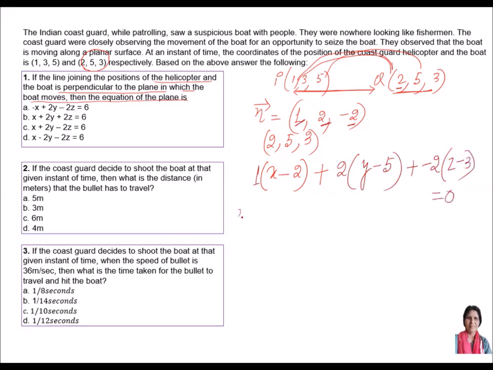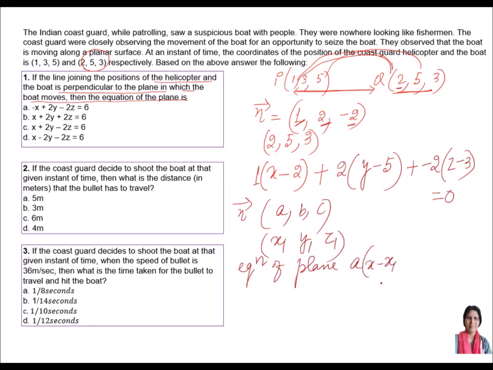That means if the normal has direction ratio A, B, C, and the plane is passing through x1, y1, z1, then the equation of the plane is A into x minus x1 plus B into y minus y1 plus C into z minus z1 is equal to 0. So you can note down, this is a very fundamental concept.